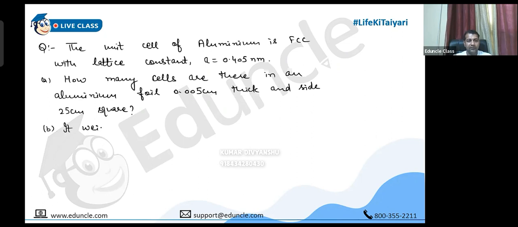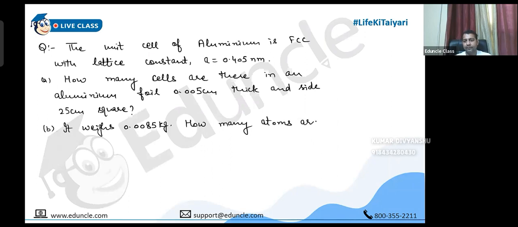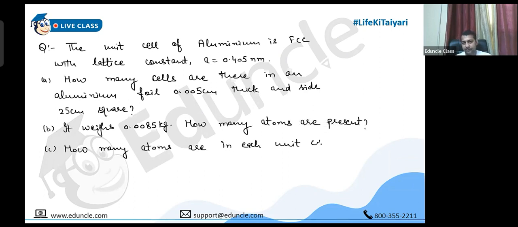It weighs 0.0085 kilogram. How many atoms are present? And for part C, how many atoms are in each unit cell? Given atomic mass of aluminium is 26.9 gram per mole. You can write it this way also.